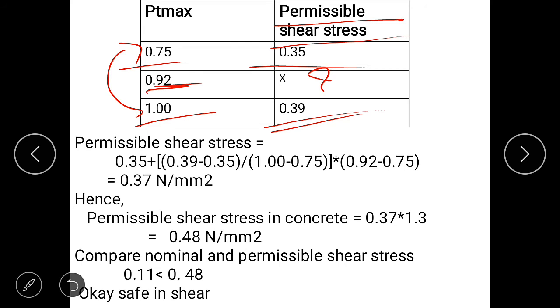So here we have to find permissible stresses for 0.92. We know for 0.75 permissible stresses is 0.35, and for 1 percentage of steel, 1%, the permissible stresses is 0.39. So permissible stresses we have to find for 0.92.